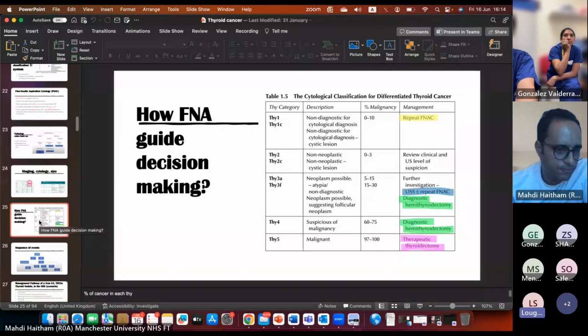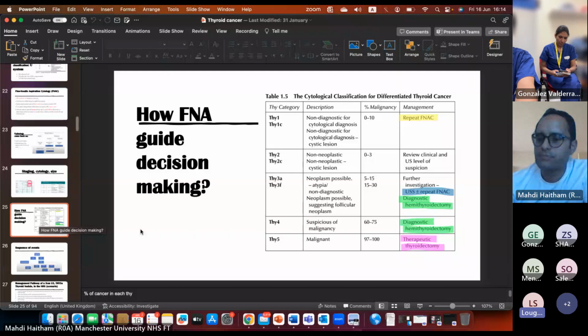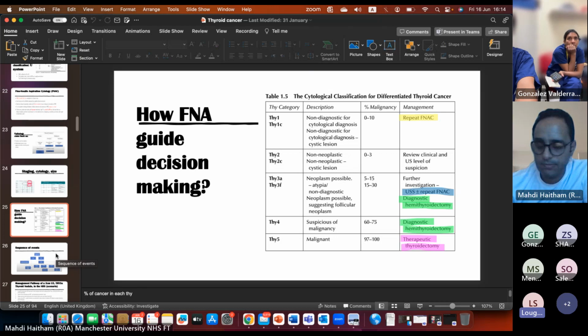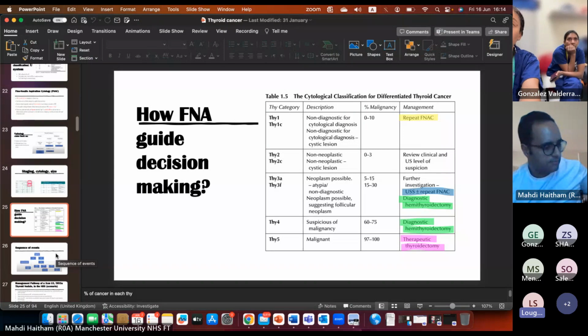And then finally, you've got Thy5. But you can see Thy5 is not 100% positive predictive value, between 97 and 100% malignancy. I've certainly had one Thy5 that came back as benign, and the patient had a total thyroidectomy, and it caused a lot of rumpus and complaints because he would probably have got away with a hemithyroidectomy if we had only had a Thy4.